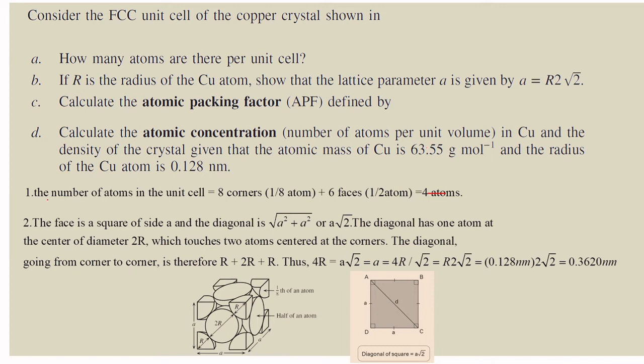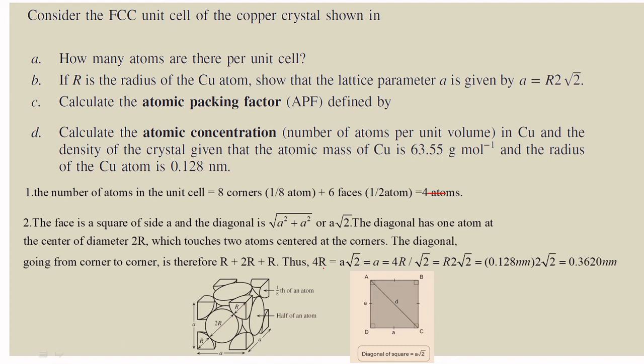So suppose this is the diagram. If you see the diagonal in this position, R and R, R and R, so totally 4R. And the diagonal I said here is A root 2.